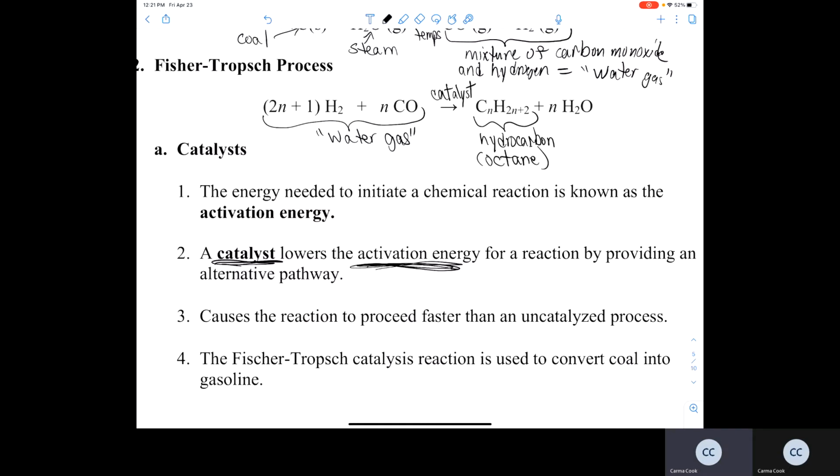The activation energy is the energy needed to initiate a chemical reaction. Starting off, the activation energy for turning water gas into hydrocarbons is very high. What the catalyst does is lower that activation energy requirement, making the reaction go at a faster rate.